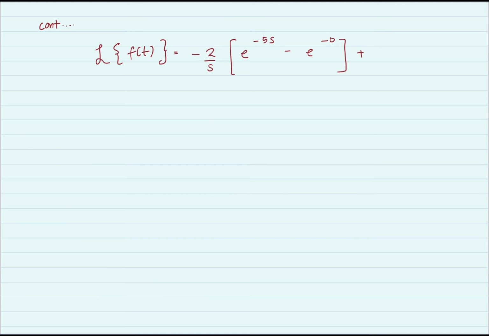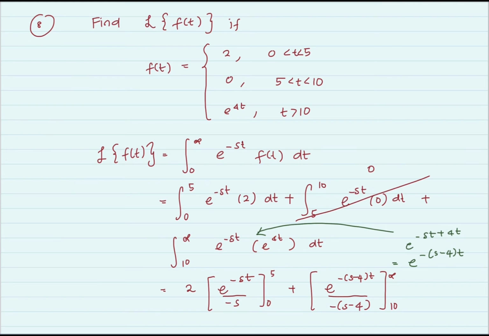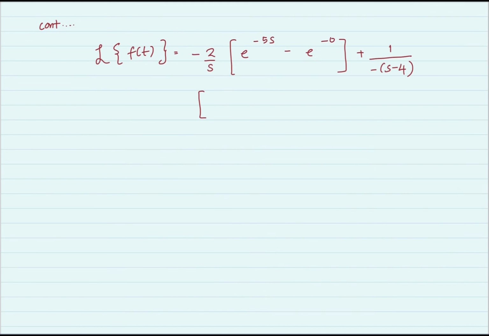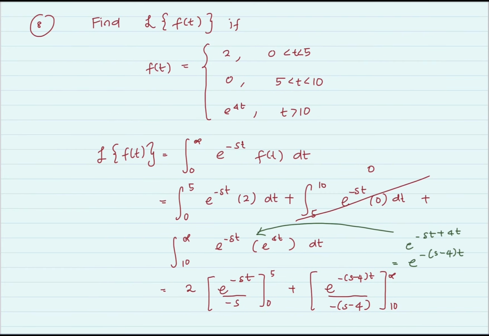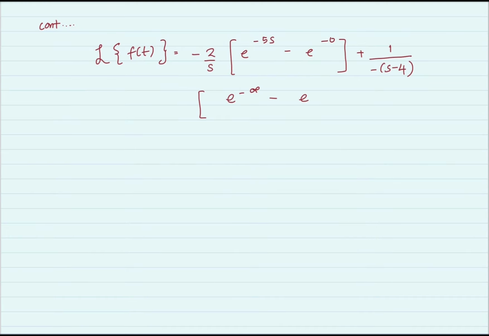Which is multiplied with negative e^(-infinity) minus e^(-(s-4)10). Is it correct?